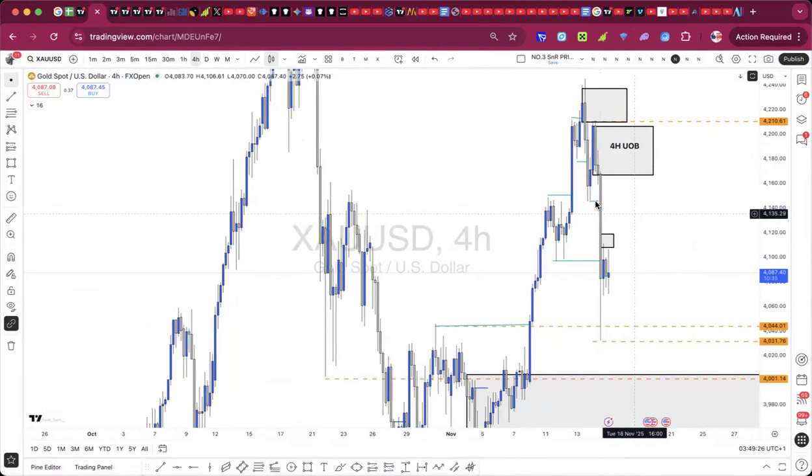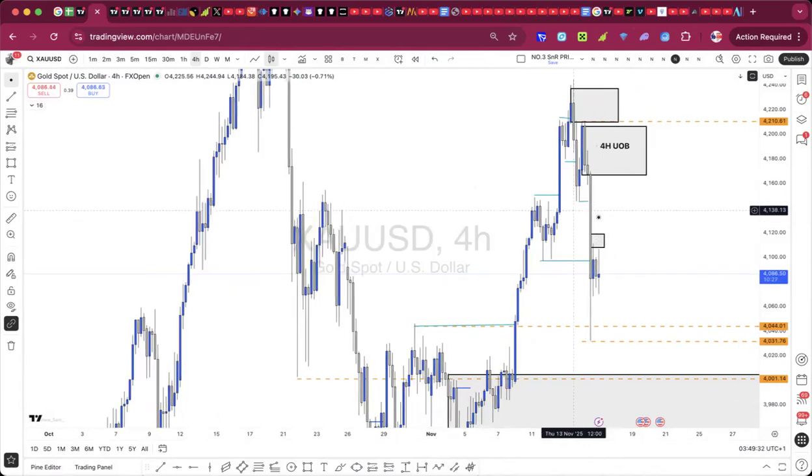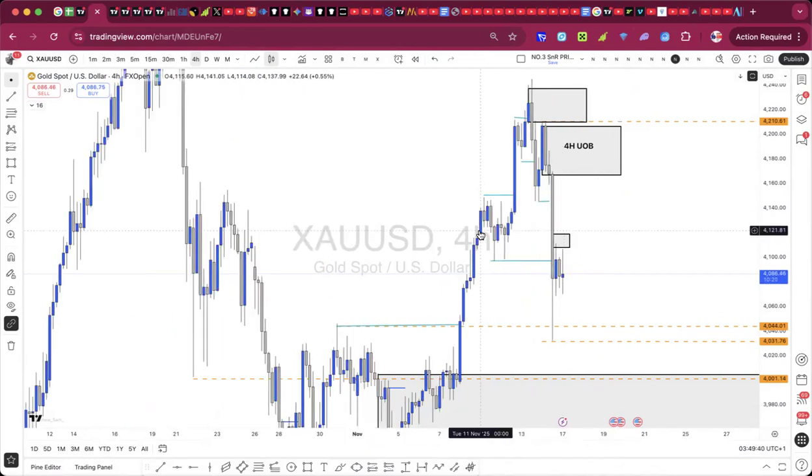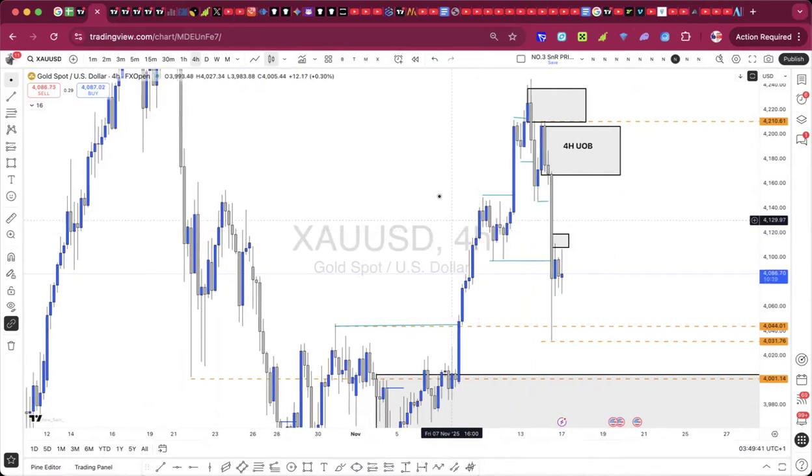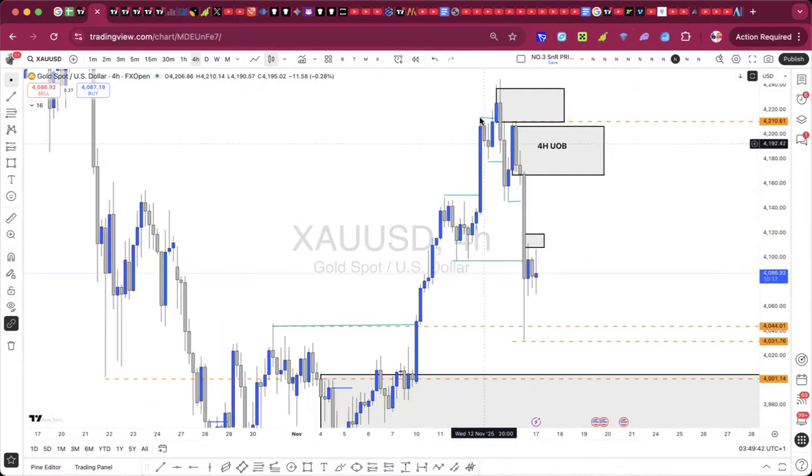If you're going to go by that, you expect the market probably to return back here. Even here, it's a head and shoulder that happened. So there are so many factors that brought about this downtrend.